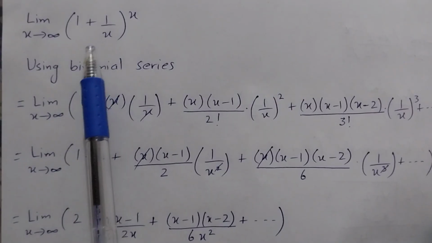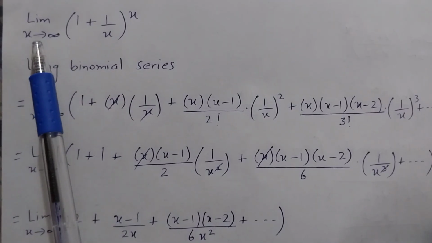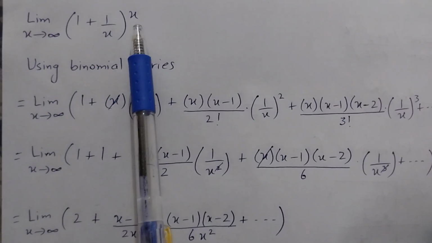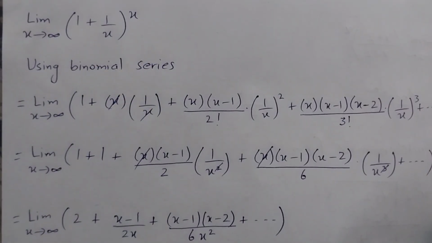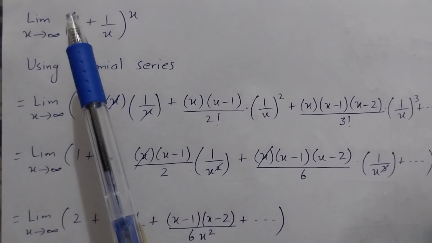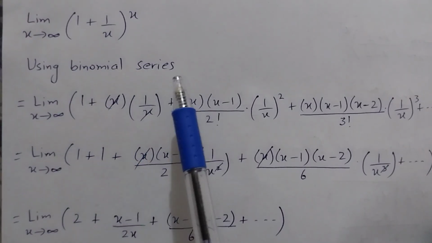I'm taking a equal to 1 firstly, and when we take a equal to 1, we have the limit as x approaches positive infinity of (1 plus 1 over x) raised to power x. So how can we evaluate this limit? This can be expanded using the binomial series.